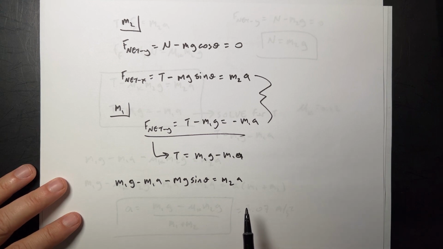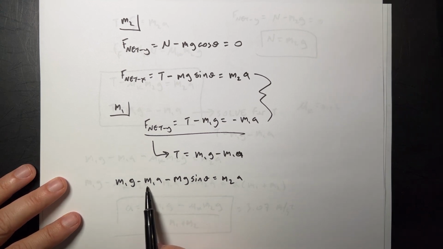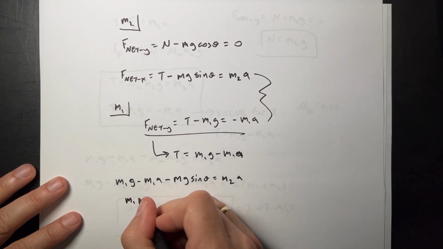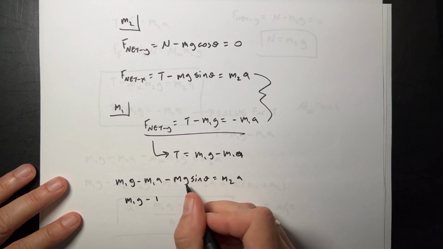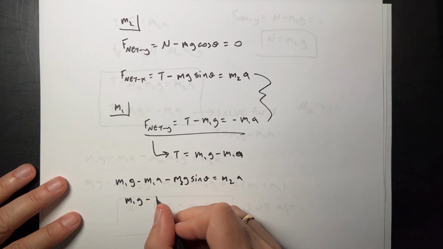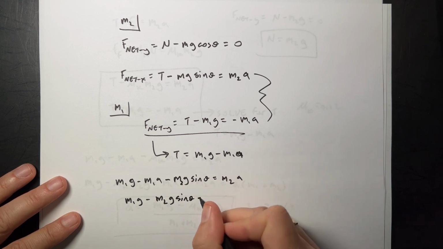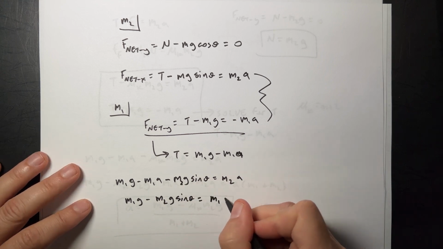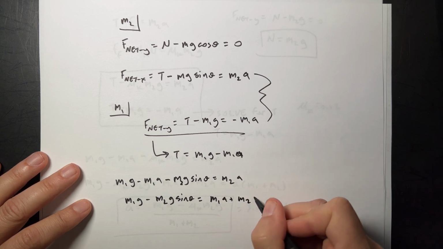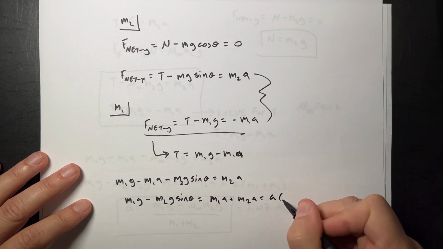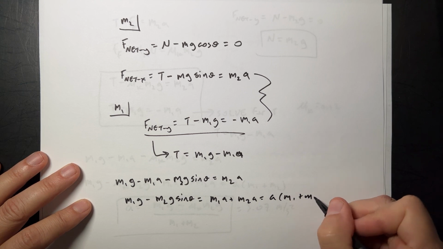And again, I want to get all the a's together, so I'm going to add m1a to both sides. I get m1g minus m2g sine theta equals m1a plus m2a, which is a times m1 plus m2.